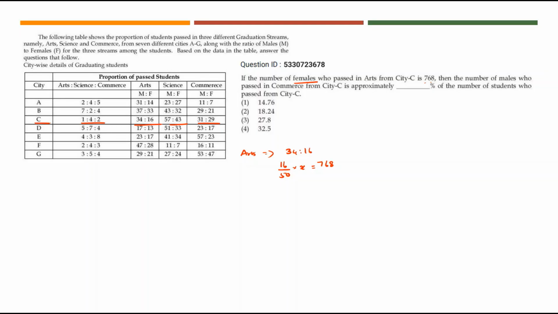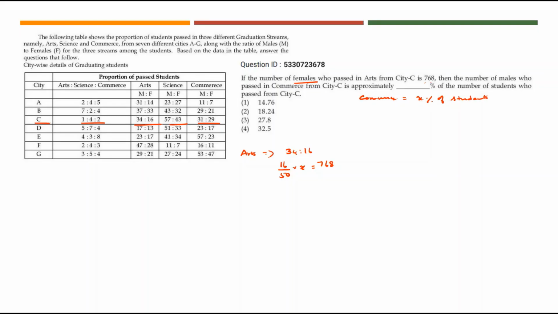Then the number of males who passed in commerce from city C is approximately dash percentage of the number of students who passed from city C. Commerce is equal to what percentage of total students they have asked.